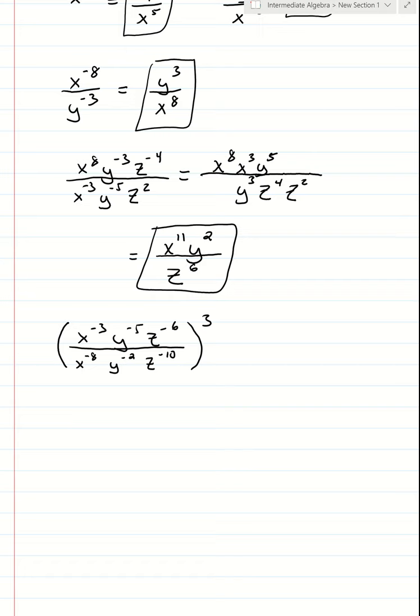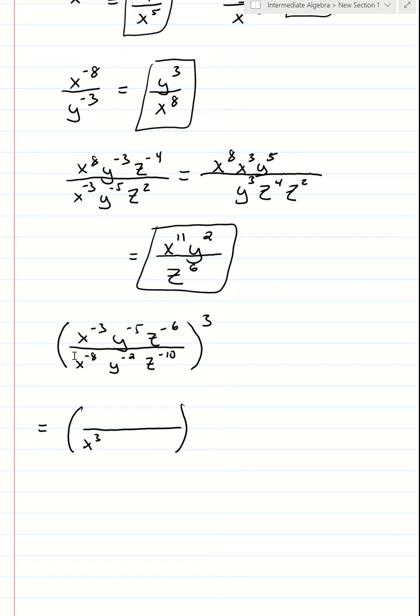Once again, what I would recommend doing, since I know I can't have negative exponents in the end, I want to get rid of all the negative exponents that we initially had here. So since they all have negative exponents, I'm going to change the location of all of them, which means x to the negative third goes in the bottom.